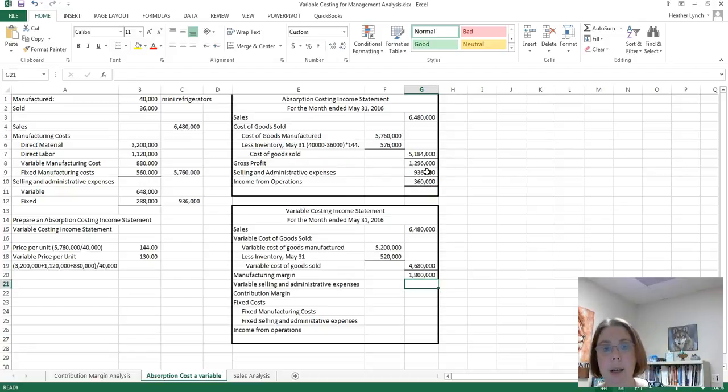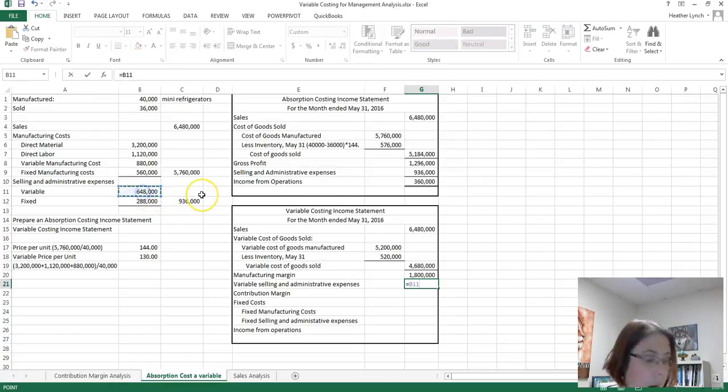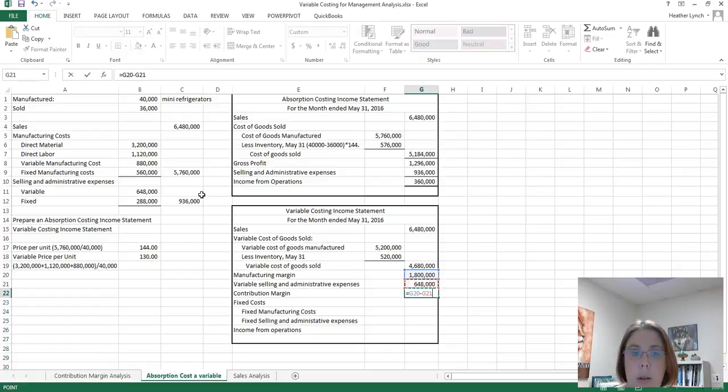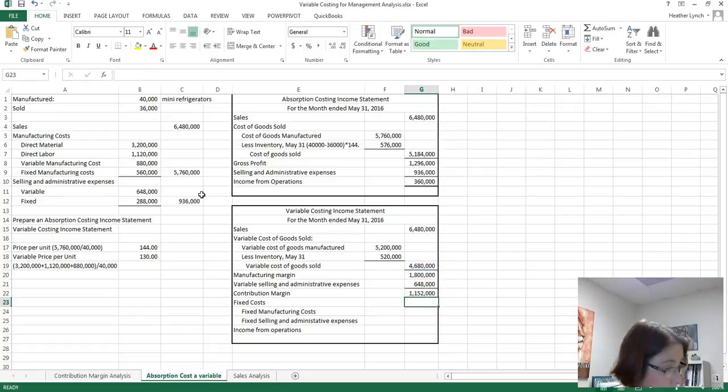Variable costing income statement. We're only going to bring over our variable for right now. Contribution margin, the difference between your sales and your variable cost. Okay, this is your manufacturing margin and your variable selling expenses. So your contribution margin is 1,152,000.